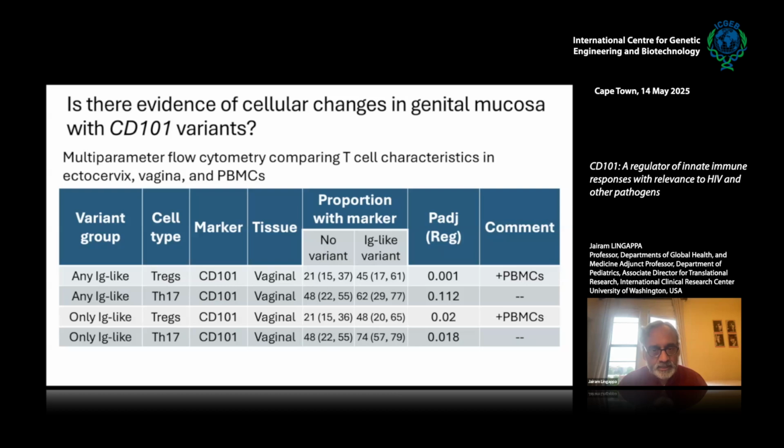And now we're seeing that this is replicated and, if anything, enhanced, as well as showing that there's also enhanced Th17 cells, which are inflammatory cells, now all in the vaginal mucosa, which is where the first encounter with HIV on a sexual exposure is going to happen. So these data lend further credence to the association of these variants with increased risk of HIV.